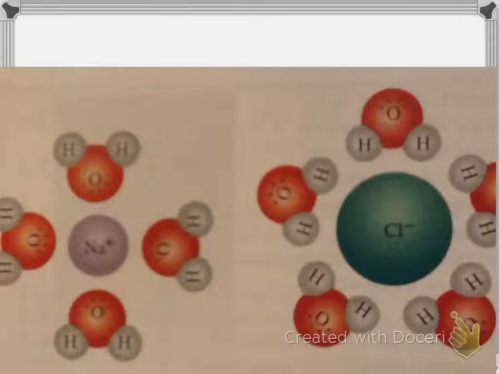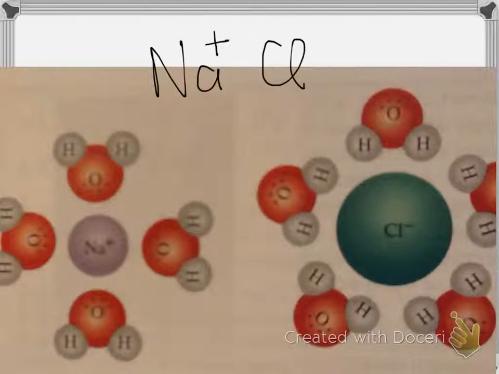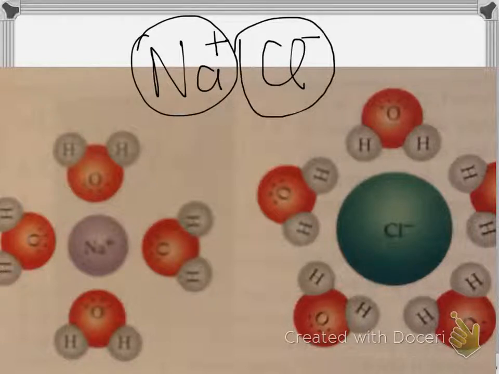The sodium and chloride ions in the solid state are originally bound together by these really strong attractive forces. When they're put into water, remember water is a polar molecule.